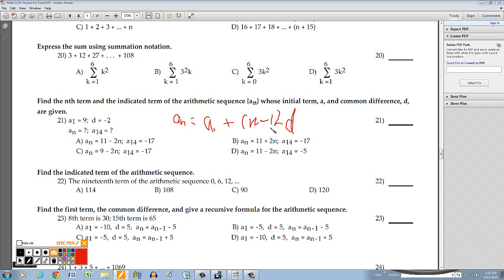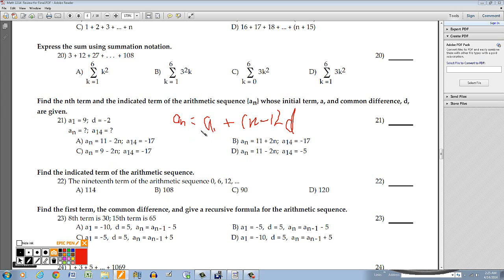Okay, so 14 minus 1 is 13 times a -2 is a -26, and then plus 9 is a -17. Okay, so it could be one of these.